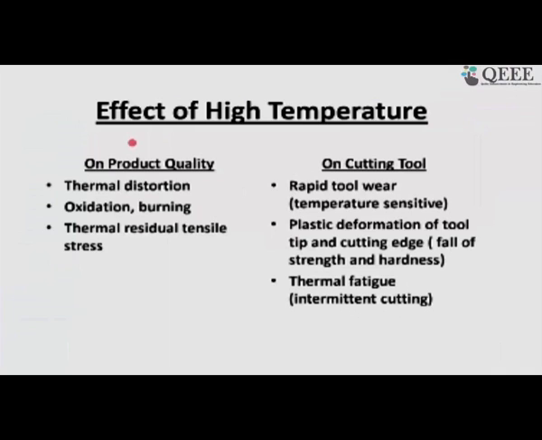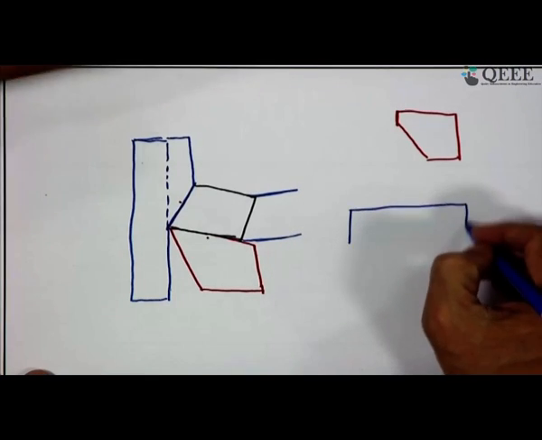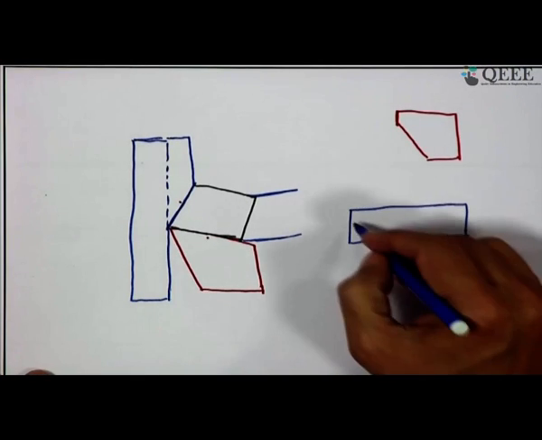It is a virgin surface, absolutely nascent surface. So, attack will be severe. And finally, what is of immediate concern, that is thermal residual tensile stress. Thermal residual tensile stress.